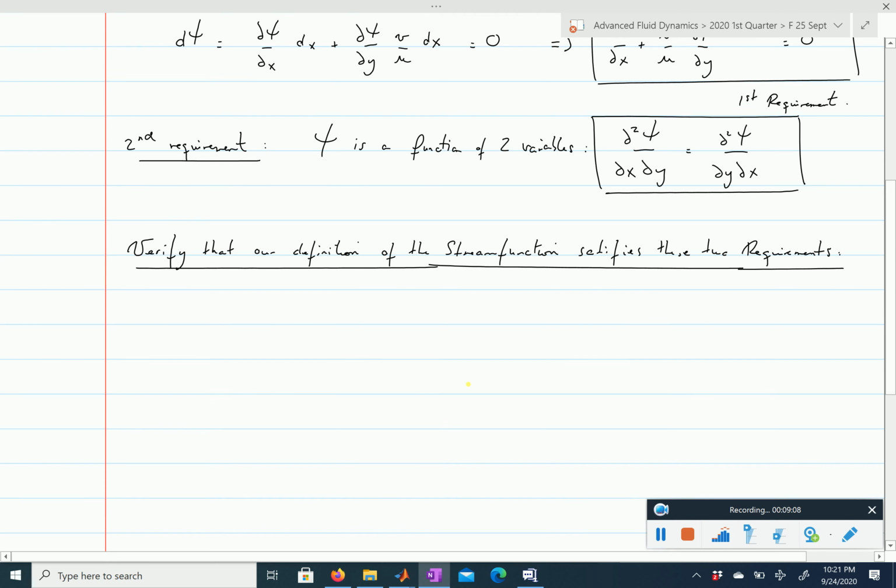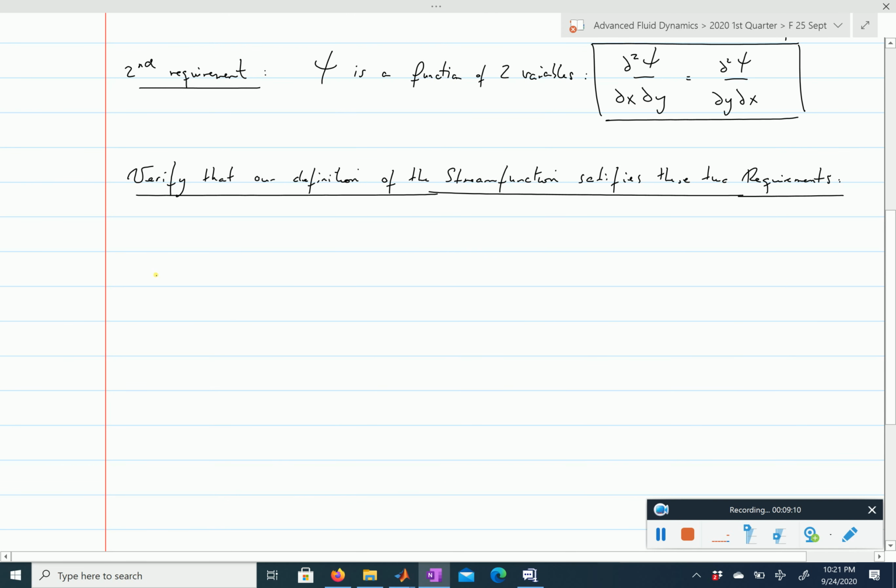So remember, we define our stream function such that we will compute our definition using these formulas. Partial psi partial x is equal to minus v, and partial psi partial y is equal to u. Okay, so the question is, is this psi a stream function?